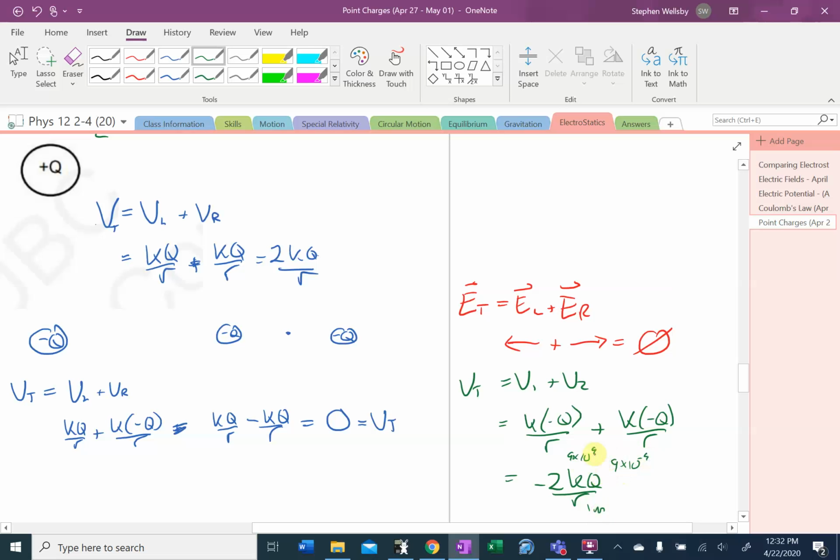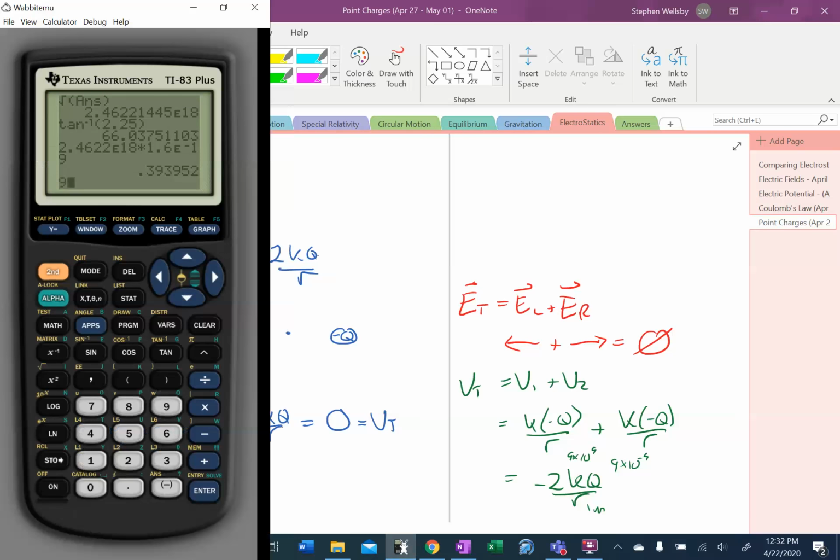Then this is going to be 9 times 10 to the 9 times 2 times 9 times 10 to the minus 9, and I'm going to divide that by 1 meter. That's going to give me negative 162. So I should have put the negative sign up here. But that would be negative 162 joules per coulomb.